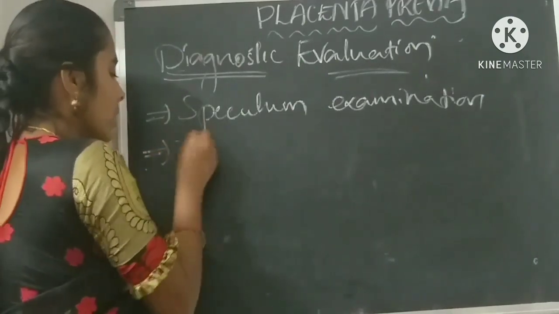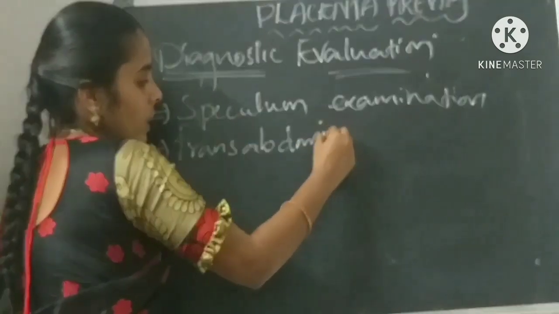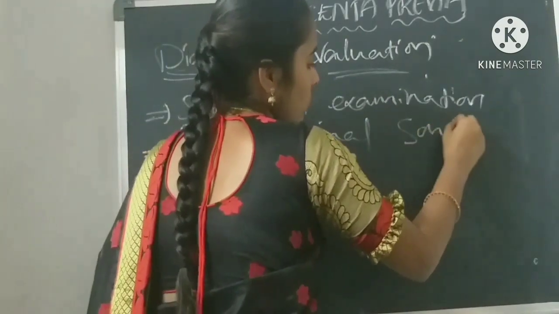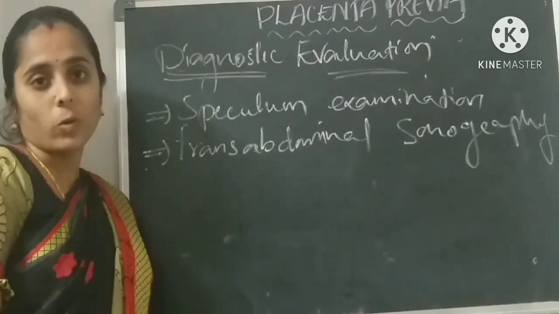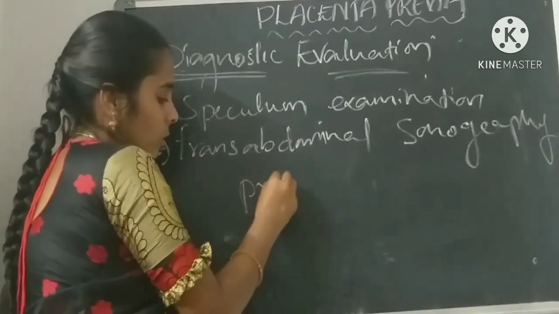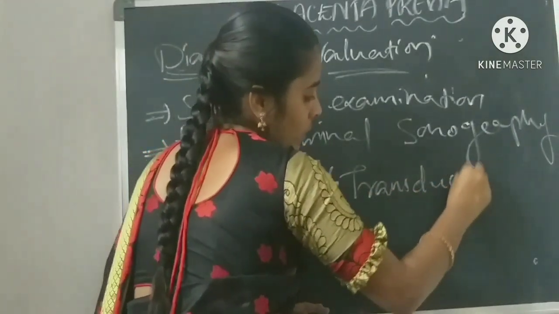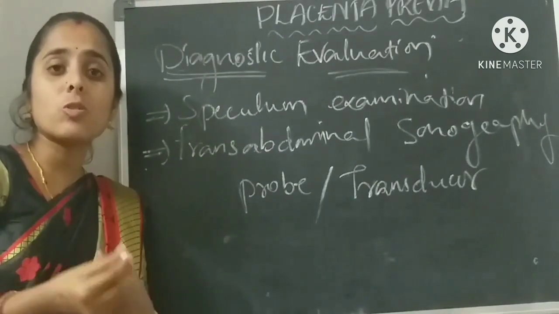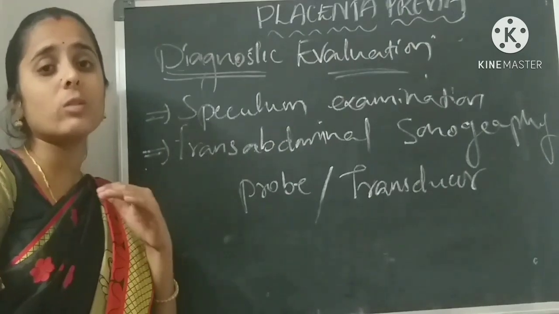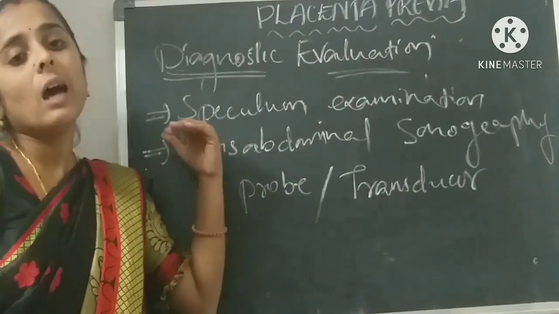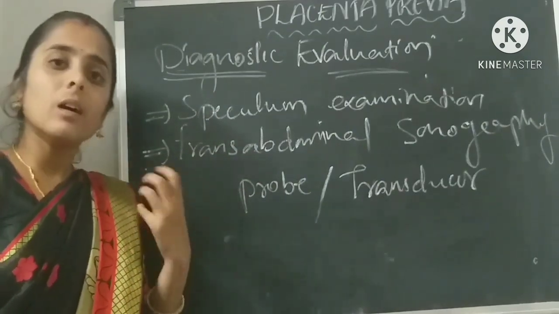Next one is transabdominal sonography. In transabdominal sonography, a probe or transducer is gently pressed against your abdomen, and with the help of this probe, the sound waves will travel from the probe to the computer screen, and it will visualize the organs inside the abdomen.